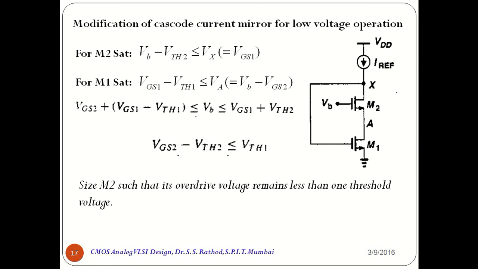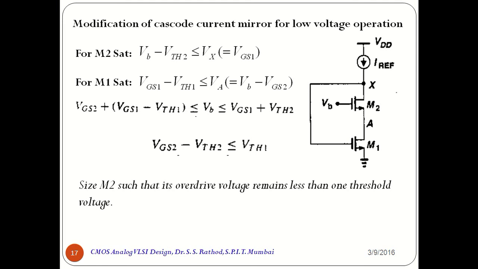For the M2 transistor to be in saturation, we can adjust VB minus VTH to be less than or equal to VGS1, that is less than or equal to Vx. And for M1 to be in saturation, VGS1 minus VTH1 should be less than or equal to VDS, that is VA, which is obviously VB minus VGS2.